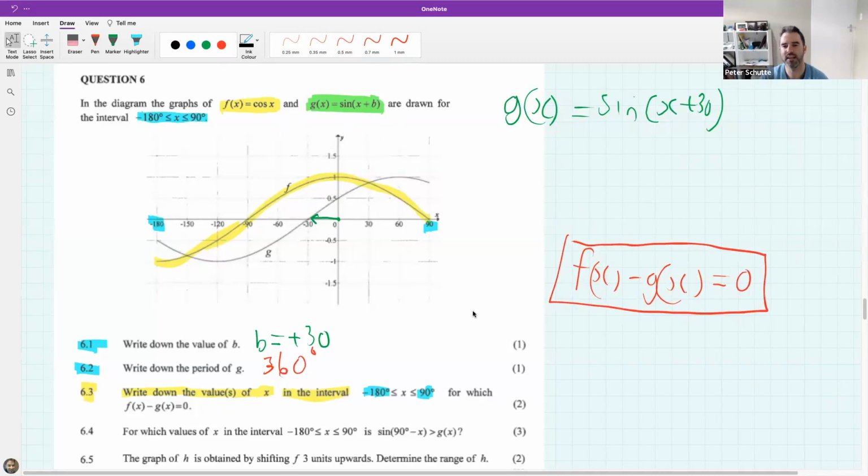What would be an easier way to write f of x minus g of x is 0? What would make it simpler to understand the relationship between f and g? Does anybody have any ideas? The difficult part about this question is interpreting what f of x minus g of x means. But if you rewrite this in another way, it makes it easier.